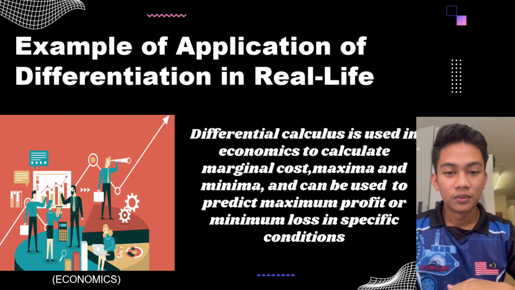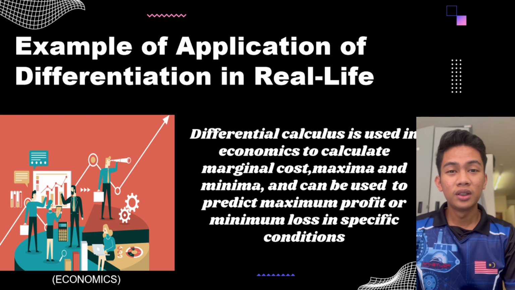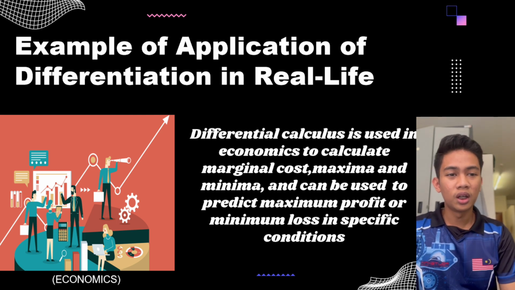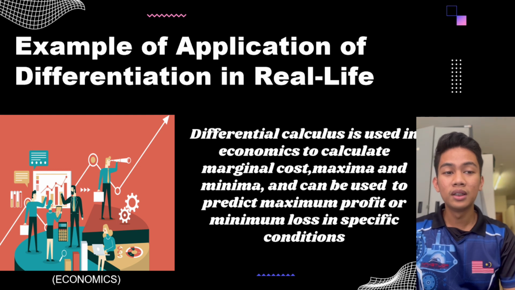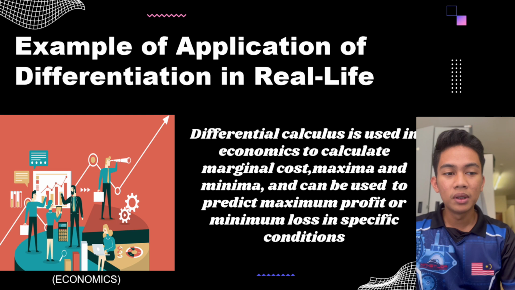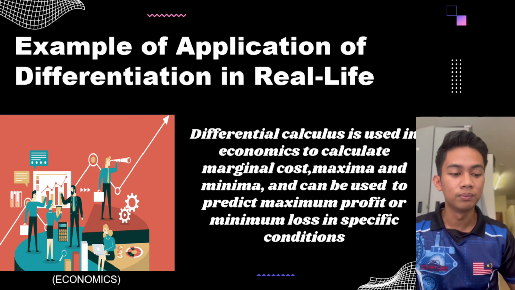An example of the application of differentiation in real life: differential calculus is used in economics to calculate marginal cost, maximum and minimum, and can be used to predict maximum profit or minimum loss in specific conditions.